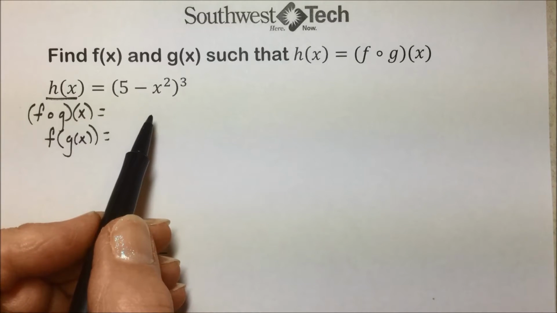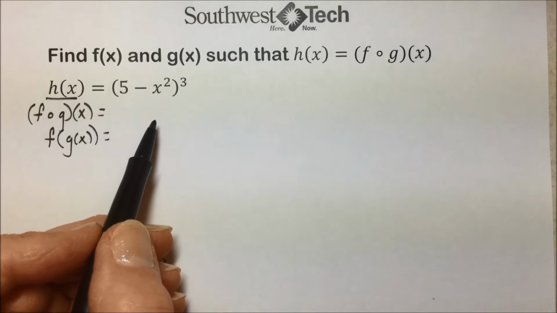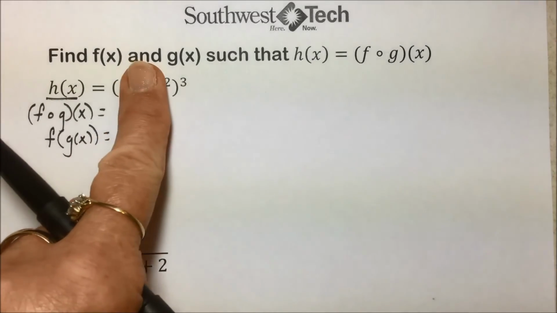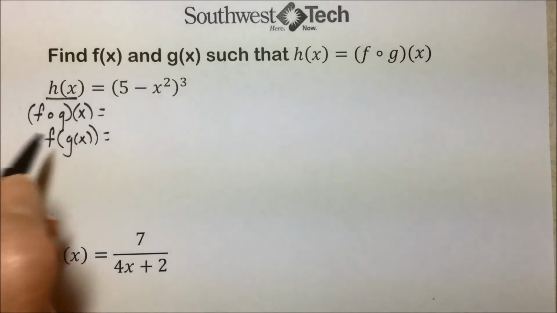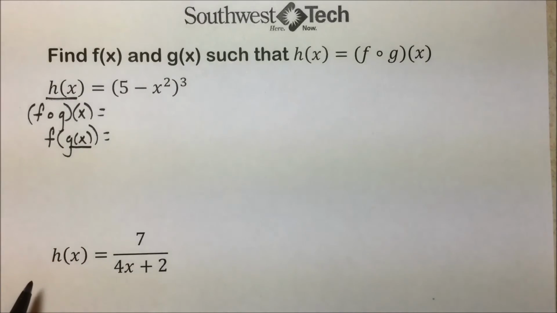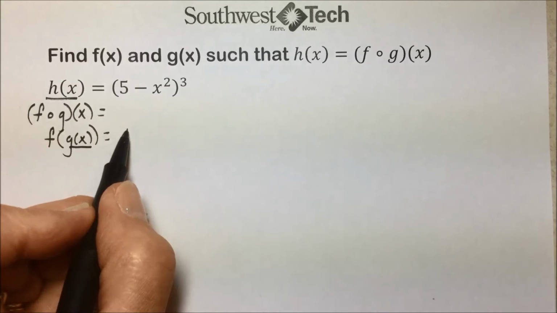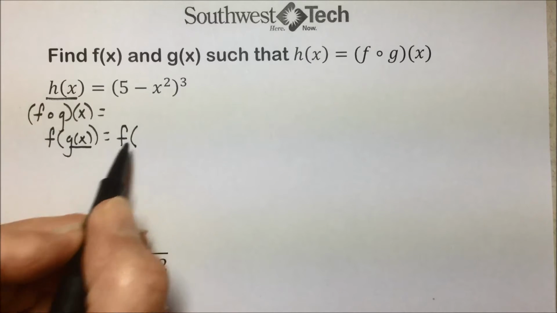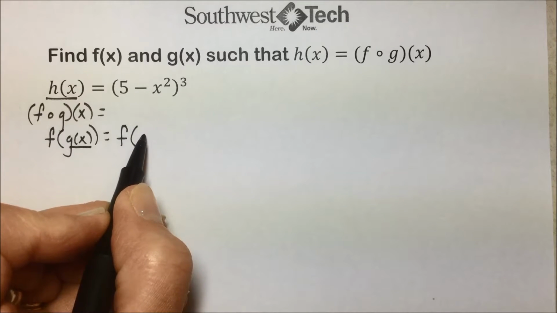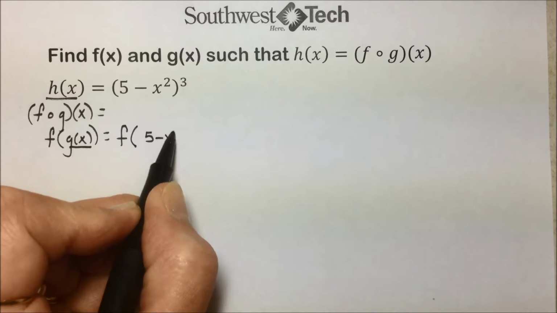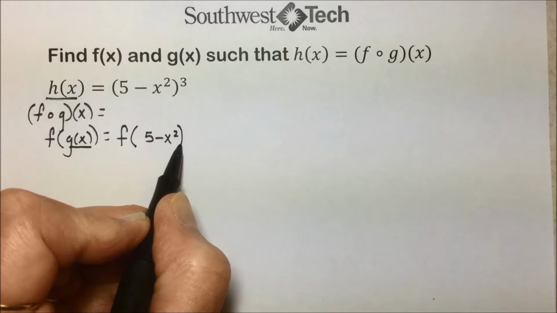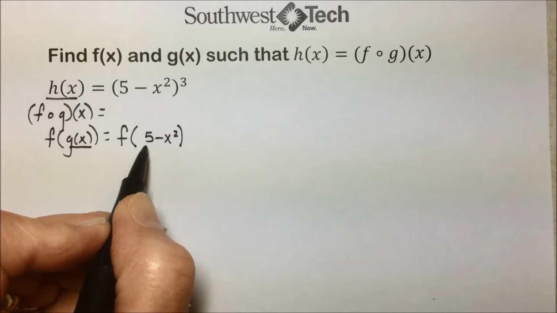If you think of order of operations, what's on the inside, the first thing that you would do, is the quantity in the parentheses. That's what we're going to replace our g of x with. So we have f of g of x, which is 5 minus x squared, here in the parenthesis.